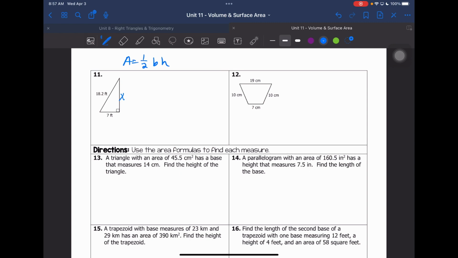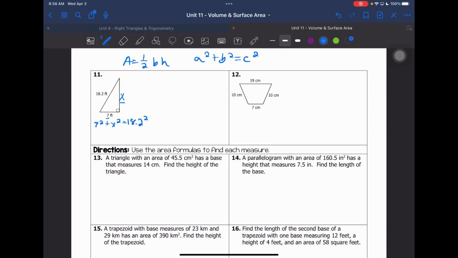And to find that, what we're going to need to use in order to find this x is Pythagorean theorem, the formula that we learned about in the last unit. It's this one, a squared plus b squared equals c squared. This is a very important formula that you shouldn't forget because we're still going to be using it throughout this unit as well. So what we can say is that 7 squared plus x squared, our legs, equals the hypotenuse, which is 18.2 squared.